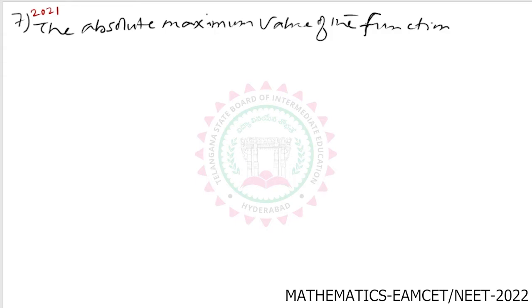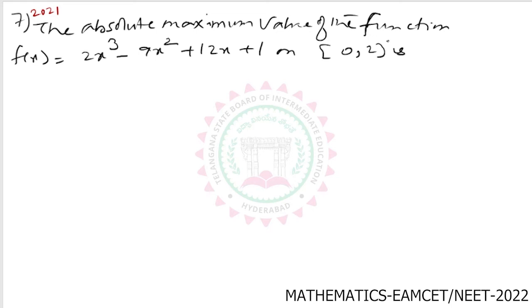The question says, write down the problem: the absolute maximum value of the function, he has defined the function f of x is equal to 2x cubed minus 9x square plus 12x plus 1 on the interval 0, 2.